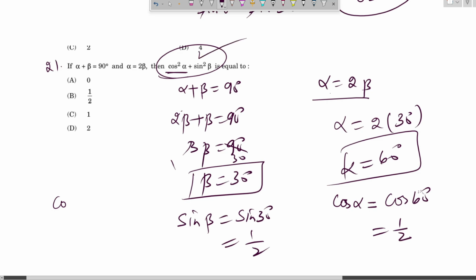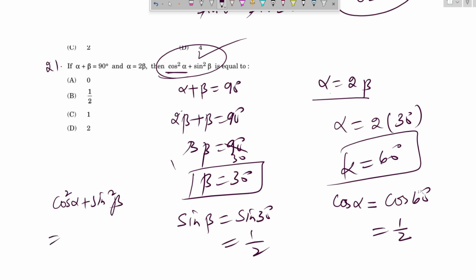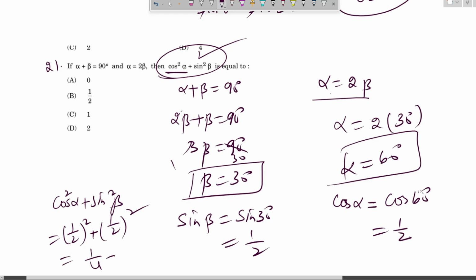Now substitute the values in cos square alpha plus sin square beta. Cos alpha is 1 by 2, the square will be 1 by 2 whole square. Sin beta is 1 by 2, square will be 1 by 2 whole square, which will be 1 by 4 plus 1 by 4, which is equal to 2 by 4. The answer is 1 by 2. The option B is correct.